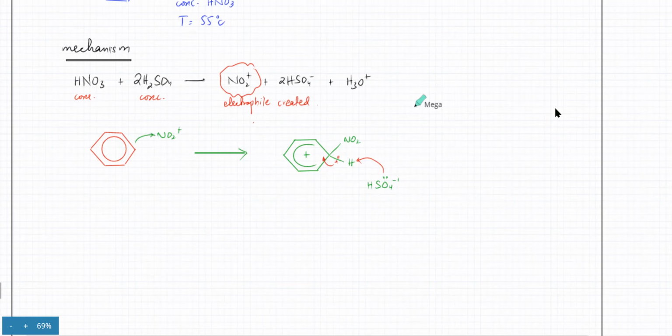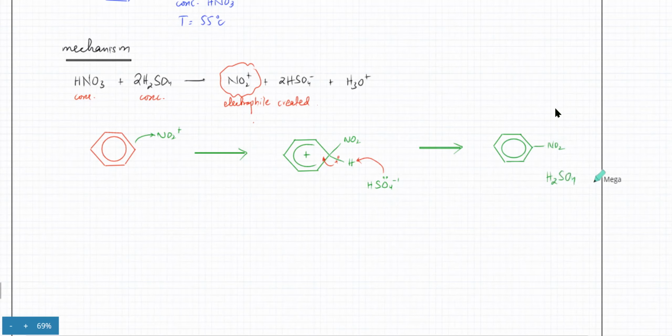So the next part is the substitution is complete. The benzene electron cloud is now complete. Okay, that is now complete. NO2 has taken hydrogen's place, it has substituted it, and an H2SO4 molecule is now formed back again.